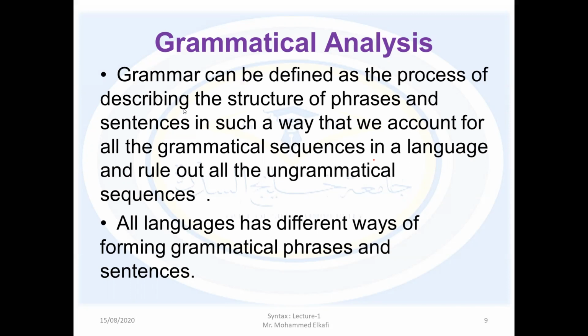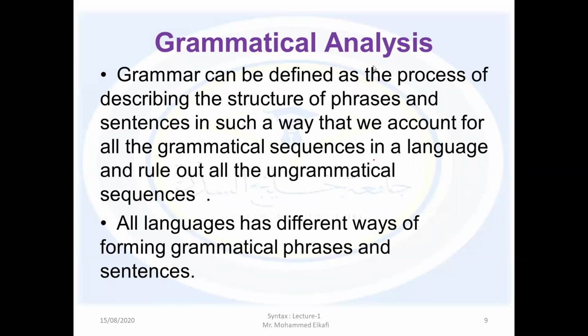So here we think of some points that should be explained also. The first one includes what? The description of grammar. So it describes grammar as what? As a process.